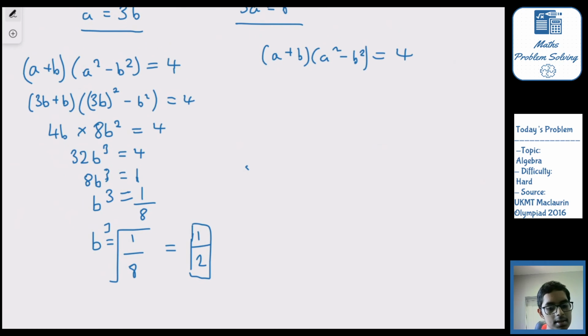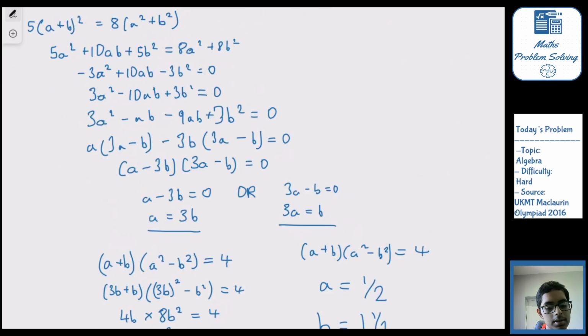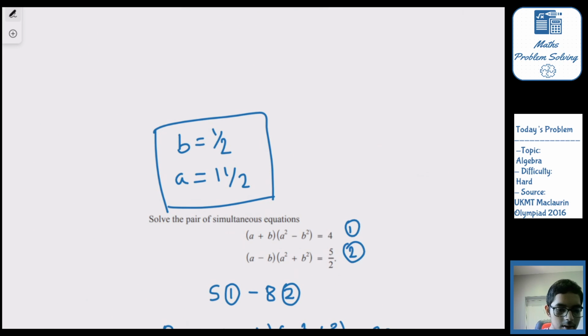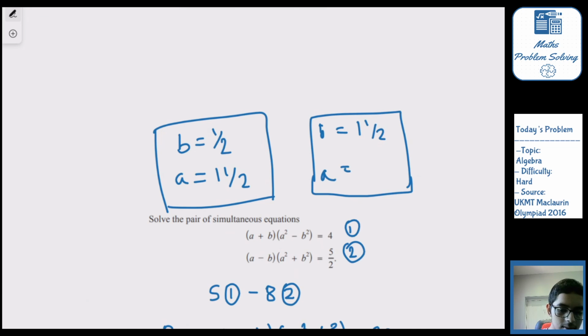So hopefully you can just see this, that we don't really need to go through the whole process which we went through on the left. If b equals 3a, then we're basically going to get the same thing as the right. Therefore, in this case, a equals a half, and for this value of a, b would equal 1.5. So now let's go back over here. Our other set of values are this: b equals 1.5, and a equals a half.